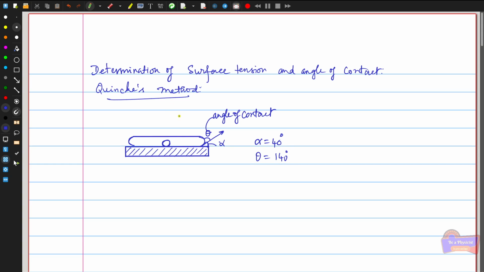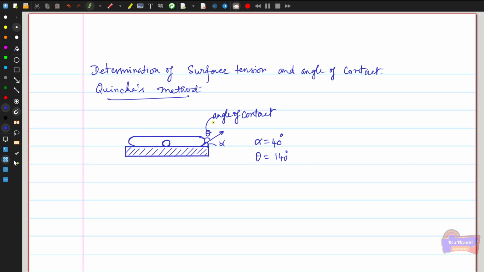Let us consider the equilibrium of this mercury drop in two different ways. One is without involving the angle of contact, when it is not known, and the other involving the angle of contact when it is known. First we are going to find the surface tension without involving the angle of contact, and in the other case we calculate the angle of contact and relate it with the surface tension.